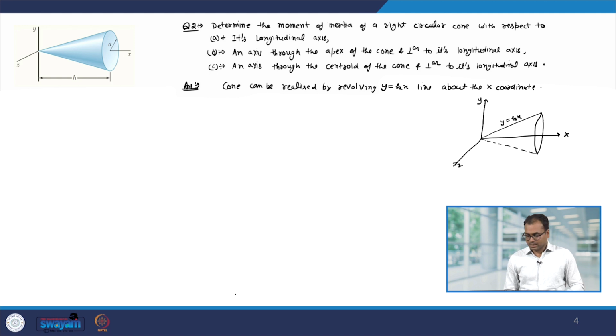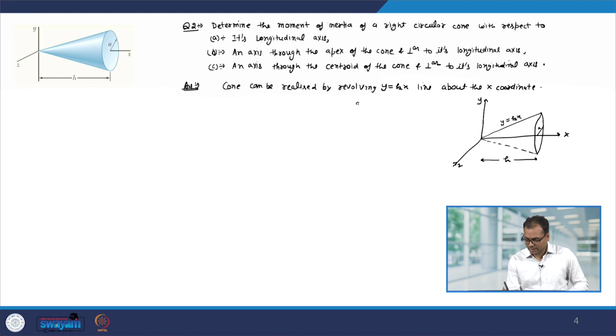Herein the boundary conditions are given that the height of the cone is h and its radius is a. So I can find out what is the value of k, because here at x equal to h, y should be a.